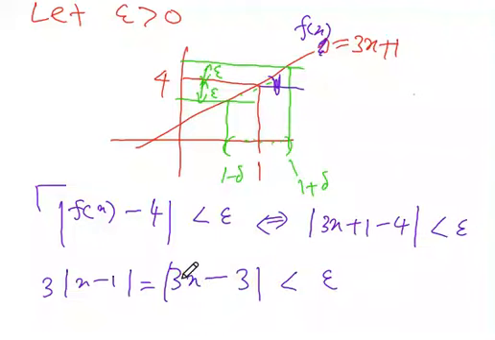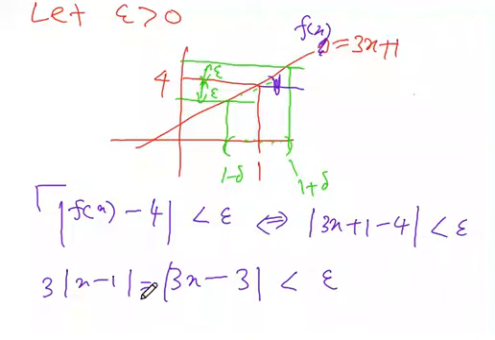Here you can see that 3 is common to these two terms. You can take 3 out of the modulus sign, because 3 is a positive number; the modulus of 3 is 3 itself. So 3 times the modulus of the remaining terms, x minus 1, is less than epsilon.